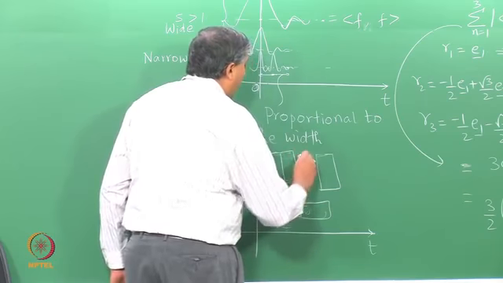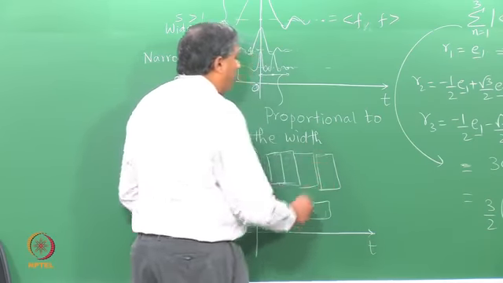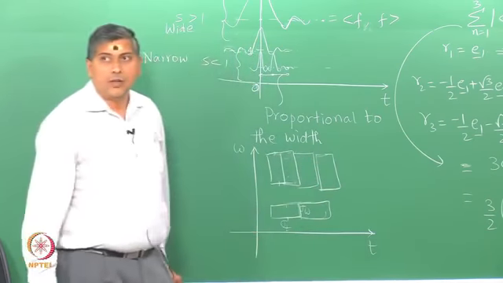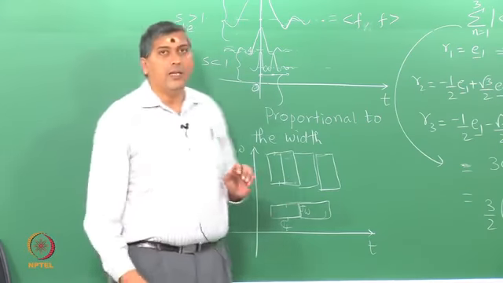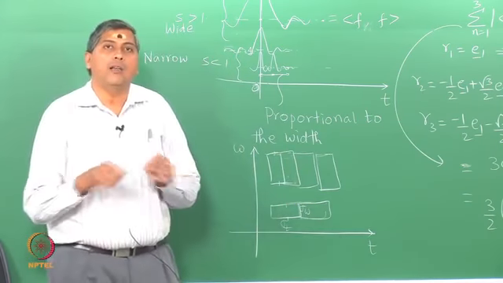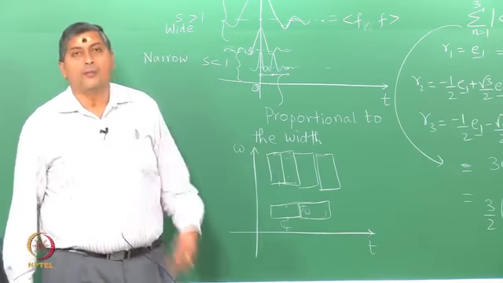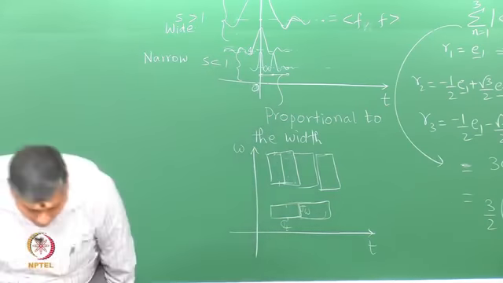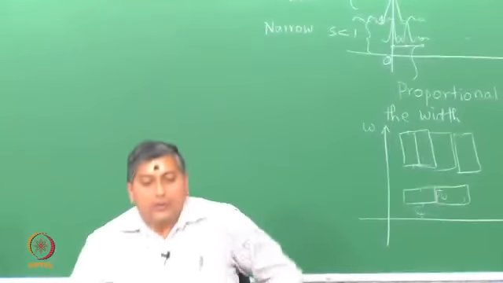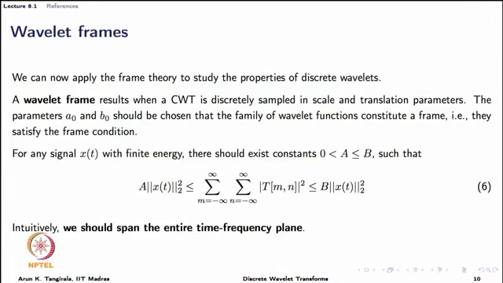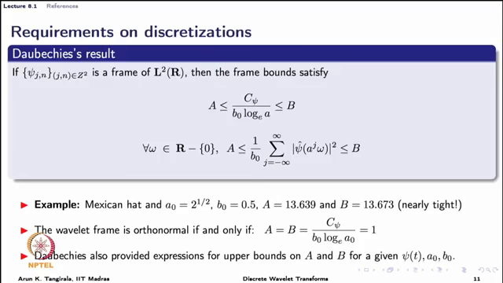Then what I would have is a tight and orthonormal frame also. Okay, orthonormal means tight. So, that is the key. I can choose overlapping tiles, I can choose non-overlapping tiles. There is a provision for both. So, I hope you understand what we mean by spanning the time frequency plane.